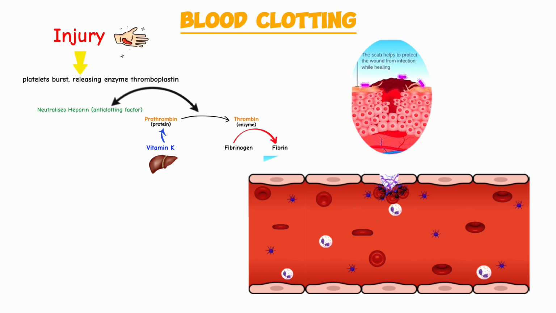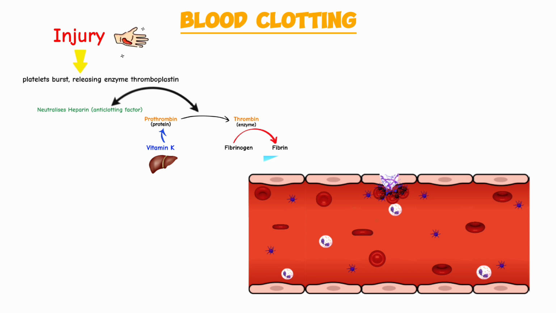Now you might be wondering, why are we converting some of the substances from one form into another? Why not have them ready in their activated forms? I'm going to explain this by stating that blood clotting occurs on a need to basis. That is, when an injury has taken place and there's blood loss, then that is when clotting of blood needs to take place.